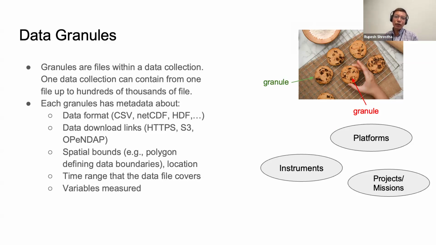If the data is in the cloud, there would be a link to the S3 buckets as well, and the spatial and temporal extent of the granules. And then what variables were measured in that particular granule, as well as other information on platforms, instruments, and what missions collected that data set.